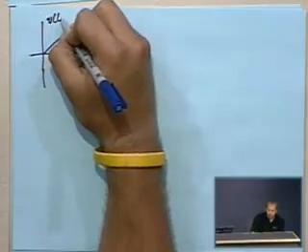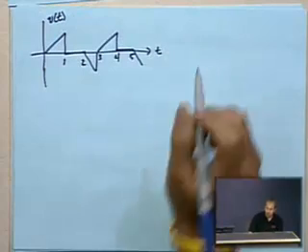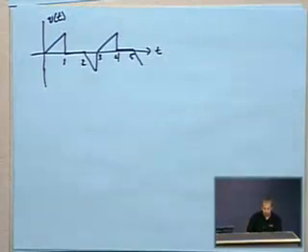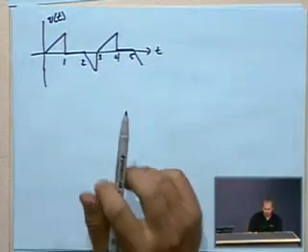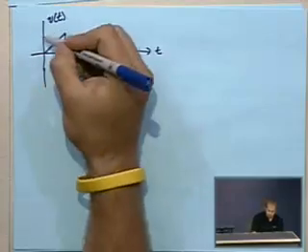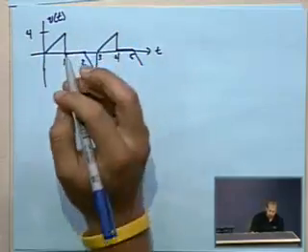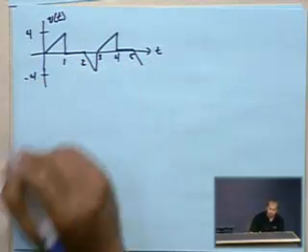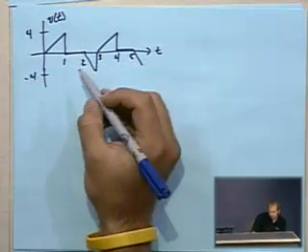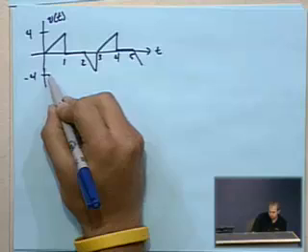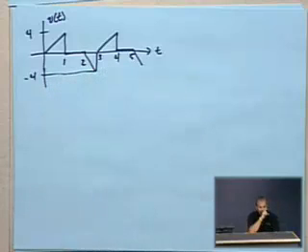This is voltage on the y-axis, time on the x-axis. The magnitude up here is 4. The magnitude down here is -4. And that, in a very straight line, connects right there, obviously.